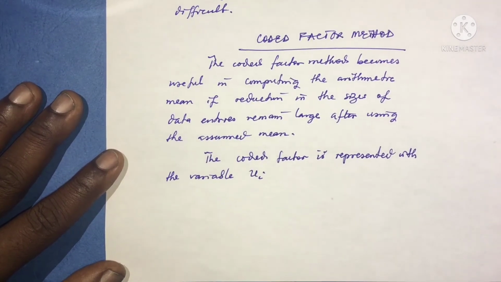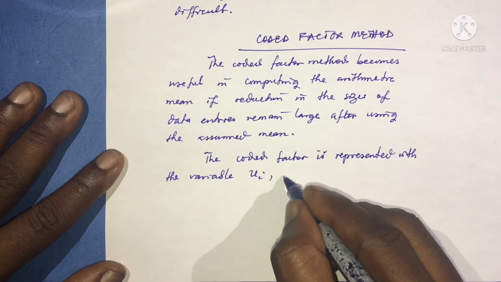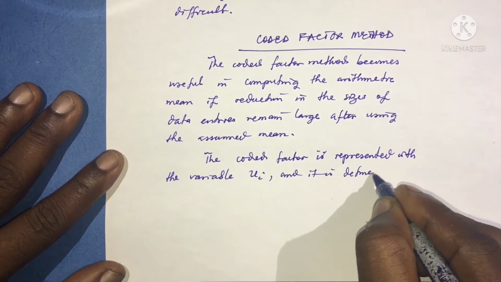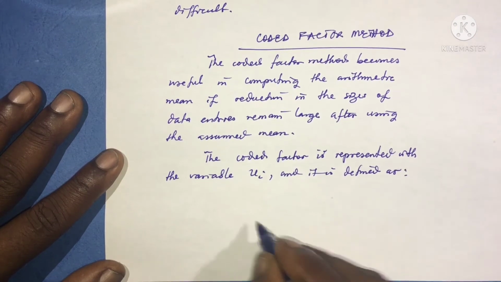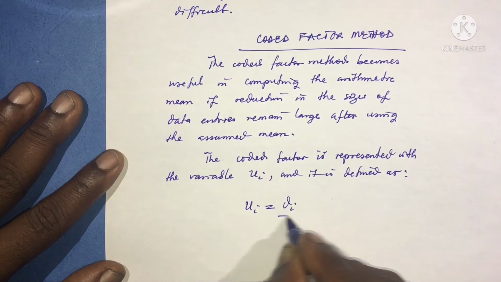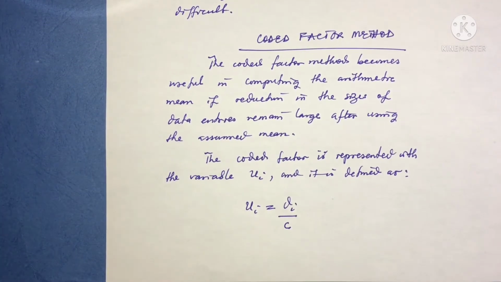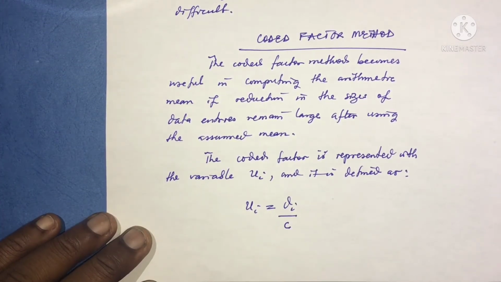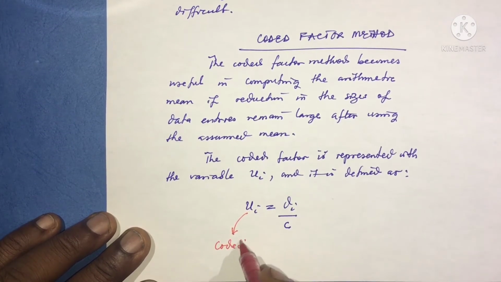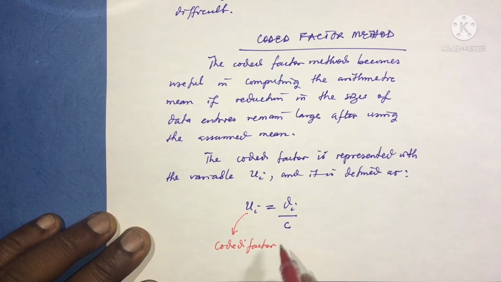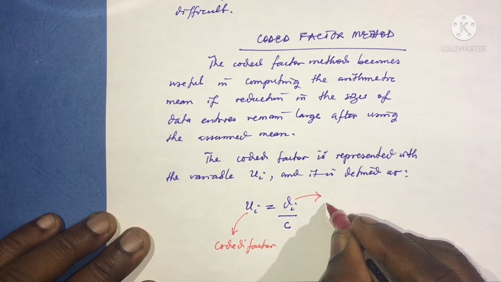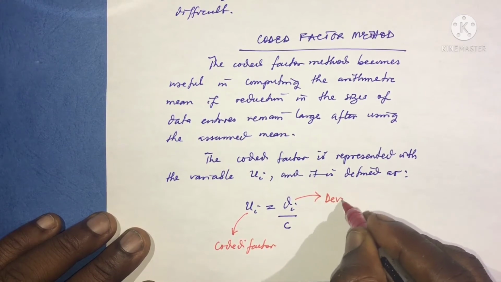Okay, we use ui to represent the variable, and it is defined as ui equals di all over c. So take note, the ui here is called the coded factor. Okay, we call ui the coded factor.